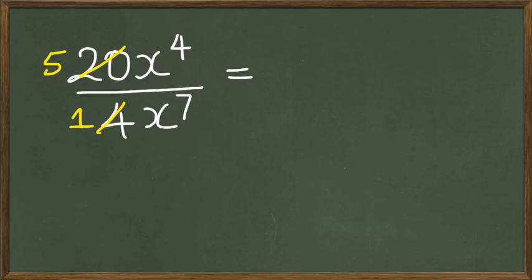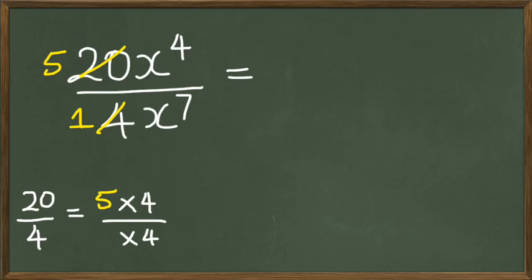Now if you don't understand how I got that, 20 divided by 4 could be written as 5 times 4 divided by 1 times 4, and as you can see, the two 4's cancel out, and that's why it's 5 over 1.